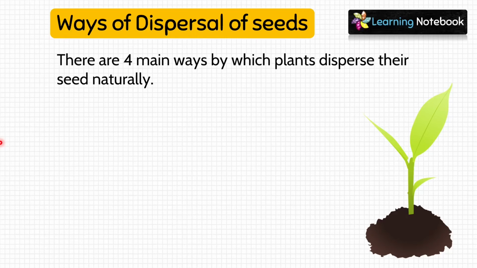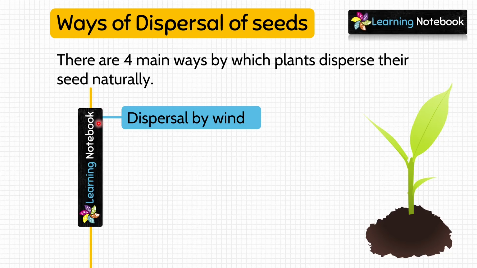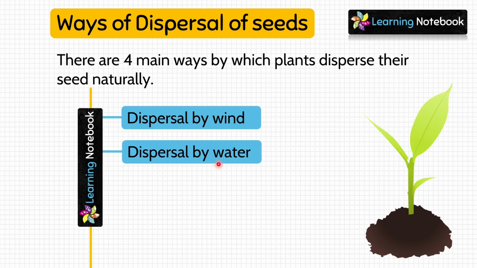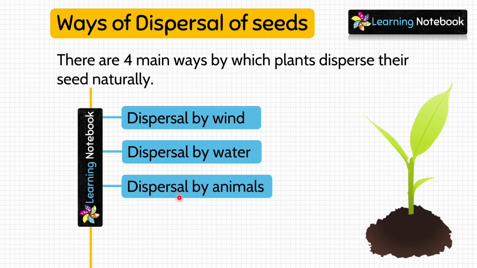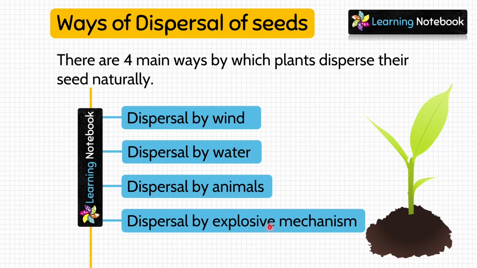There are 4 main ways by which plants disperse their seeds naturally. These ways are dispersal by wind, dispersal by water, dispersal by animals, and dispersal by explosive mechanism. Let's learn each of these ways one by one.